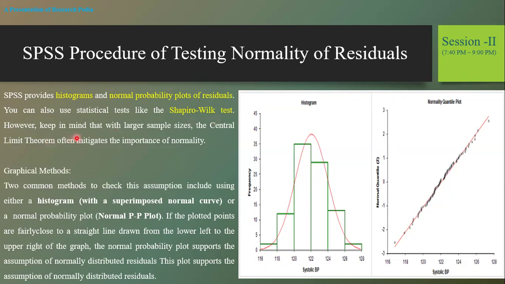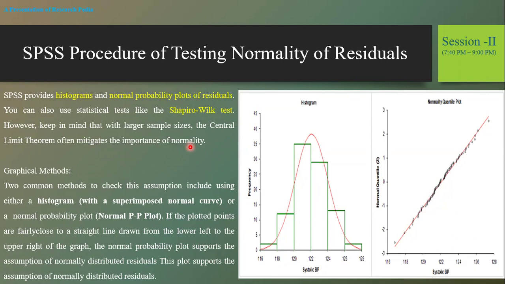However, keep in mind that with larger sample size, the central limit theorem often mitigates the importance of normality. It means if your data set is greater than 30 observations, you can skip the normality procedure, because the statistical assumptions require that your data be at least 30 observations.